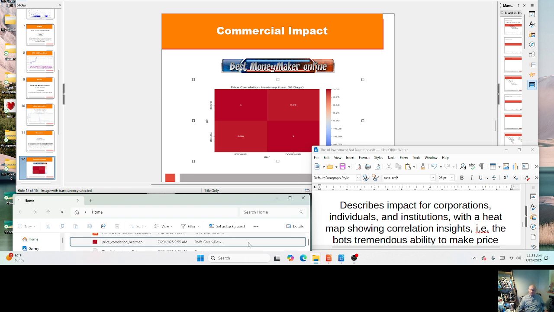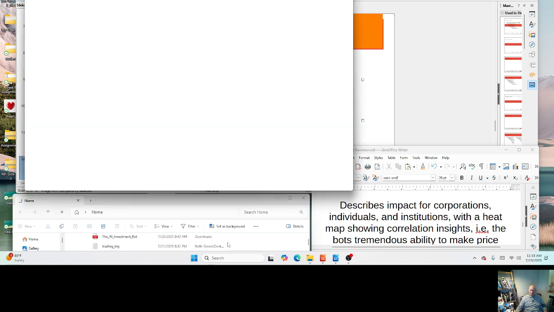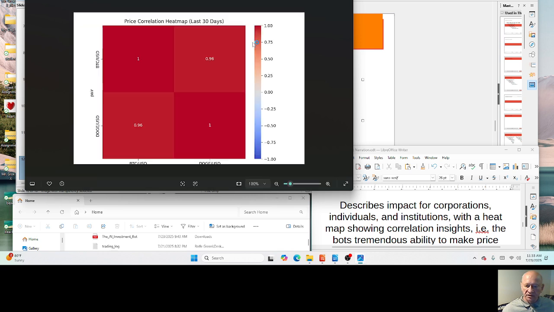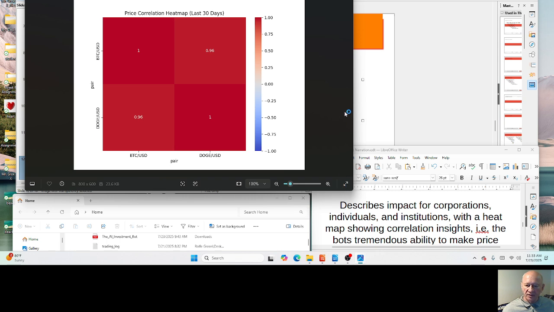How the heat map appears. Momentarily it will appear. See here you see the heat map enlarged.